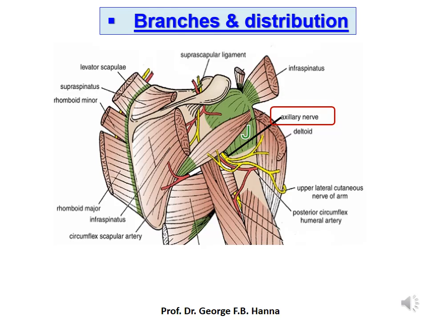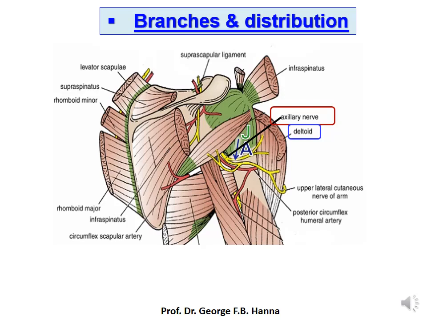Now, if you focus on the yellow structure here, which is the axillary nerve, the axillary nerve begins to divide into two divisions, anterior and posterior division. Let us see this structure marked by the arrow, and the letter A is the anterior division.